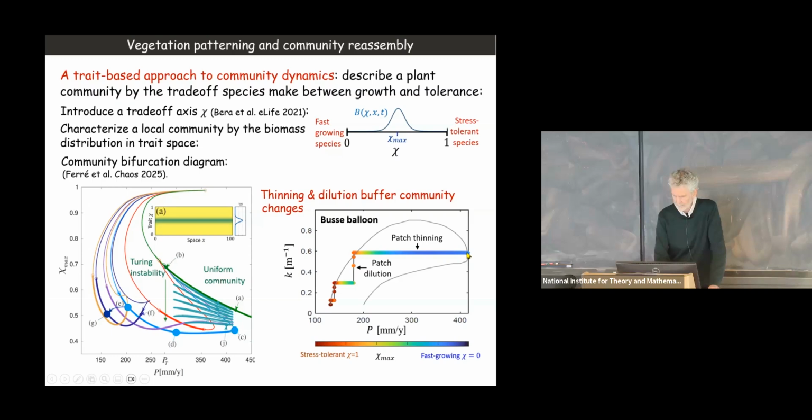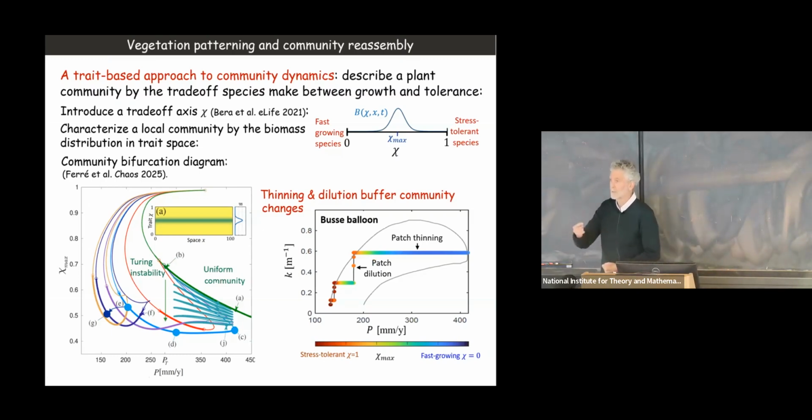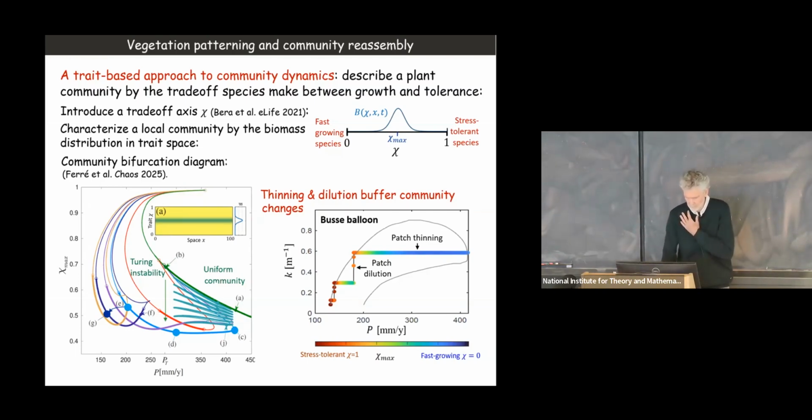We started at high precipitation, where the species are fast growing, no stress. Then as we decrease precipitation, we have the patch thinning process. It's a horizontal line because we're following a solution branch with a given wave number, so the number of patches doesn't change. And you see that the blue color occupies a wide precipitation range. But as we approach the boundary of the Busse balloon, we have a shift to stress-tolerant species.